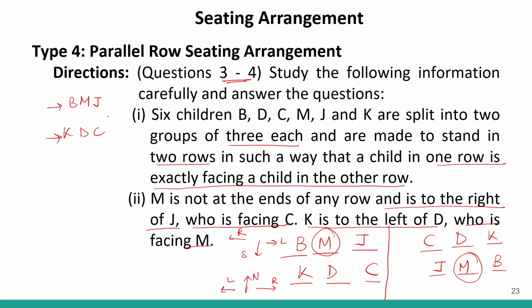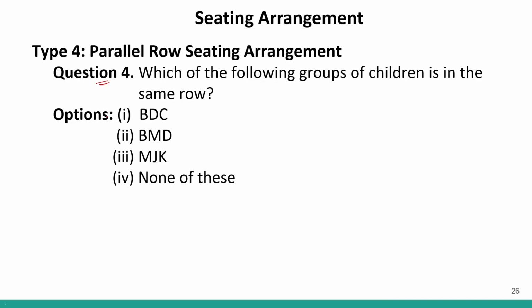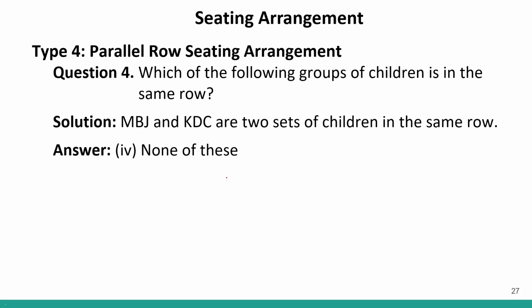So if I look over here, none of these will be my answer because we have either BMJ or we have KDC. So which of the following groups of children are in the same row? None of the answers is correct. Therefore, answer will be option number 4. None of these. BMJ and KDC are the only 2 possibilities.